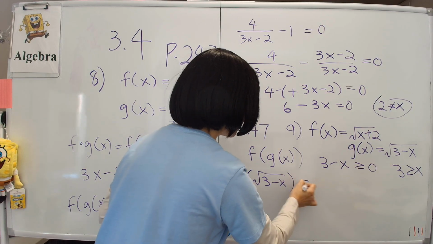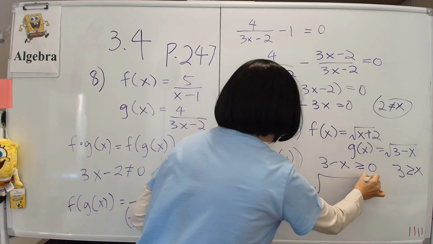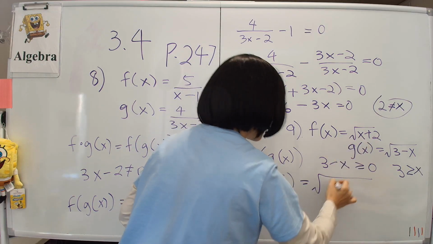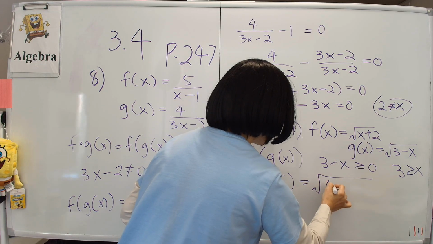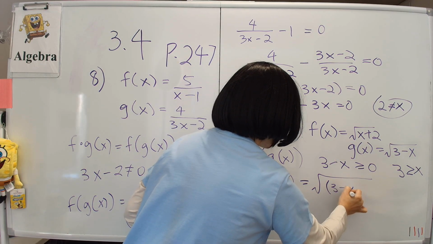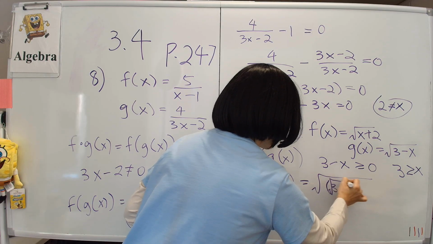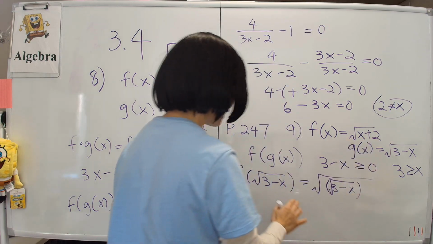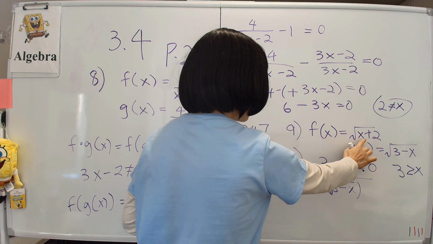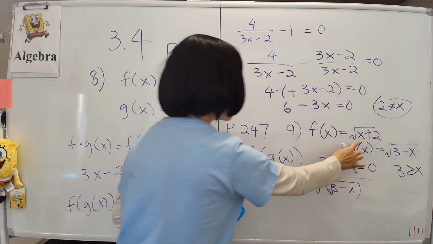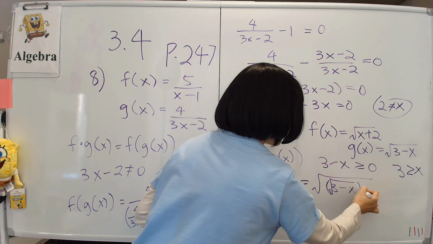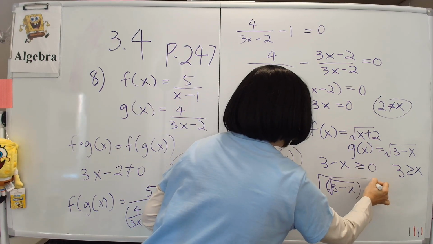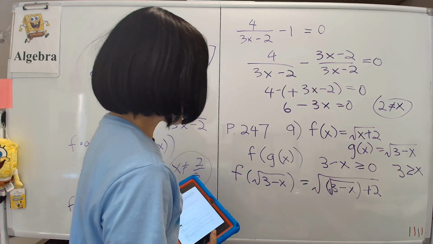So that equals the square root of, we'll write this thing right where x is. So that becomes 3 minus x, and take the square root, into f of x. And we put 3 minus x right into the spot of x. And so we follow the instructions: plus 2. All right, so that is the whole deal.